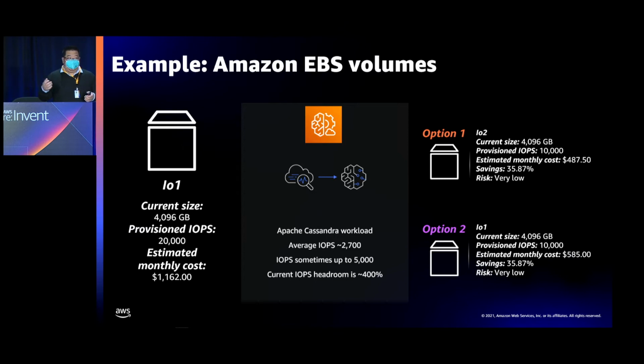An instance may be attached to 1 or 2 or 10 different EBS volumes, so we need to aggregate these EBS metrics and compare them with instance limits. On the EBS volume side, we only analyze the metrics for that particular volume. So the recommendations may be slightly different, and that's totally expected.